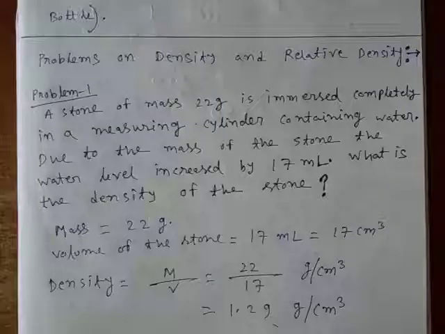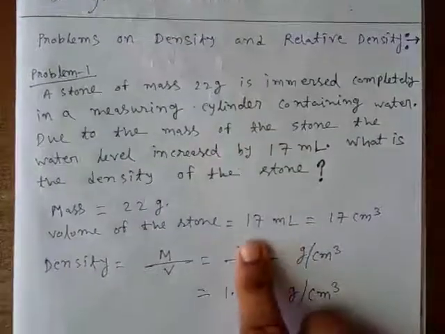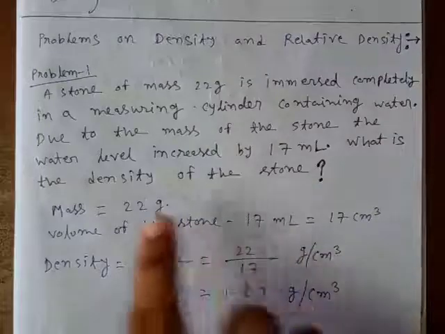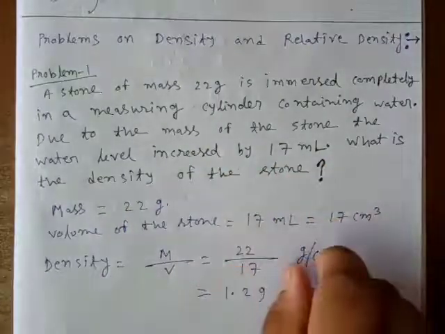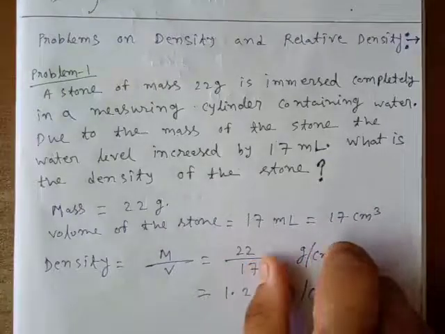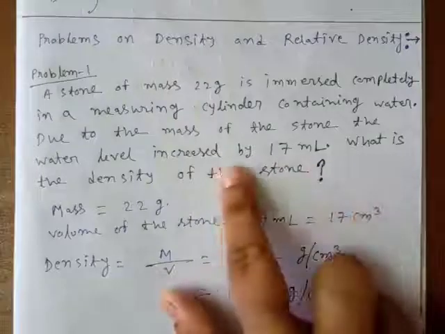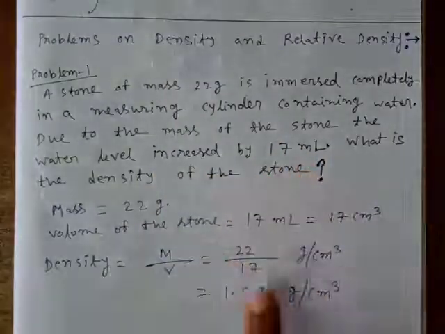Now mass of the stone is given directly, 22 gram. Volume of the stone is obviously 17 ml, because the stone displaces the same volume of water as its own. That is why the volume is increased by 17 ml.